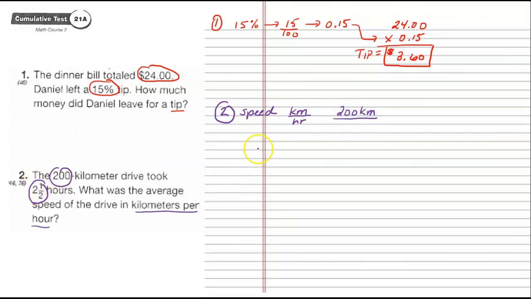And I have 2.5 hours, so I'm going to convert it to a decimal, 2.5 hours, and then I'm going to divide. So I'm going to divide 2.5 into 200 with my handy dandy calculator. 200 divided by 2.5 is 80. So this is 80 kilometers per hour.